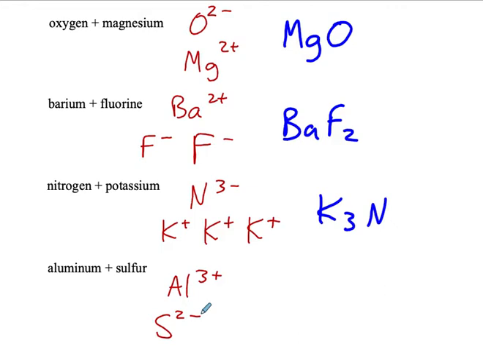So my total positive charge must be 6+, and my total negative charge must be 6-. In order to do that, I need 2 aluminum cations for a total positive charge of 6+, and I need 3 sulfur anions for a total negative charge of 6-. Writing this as the simplest integer ratio with subscripts, I will write the formula Al2S3.